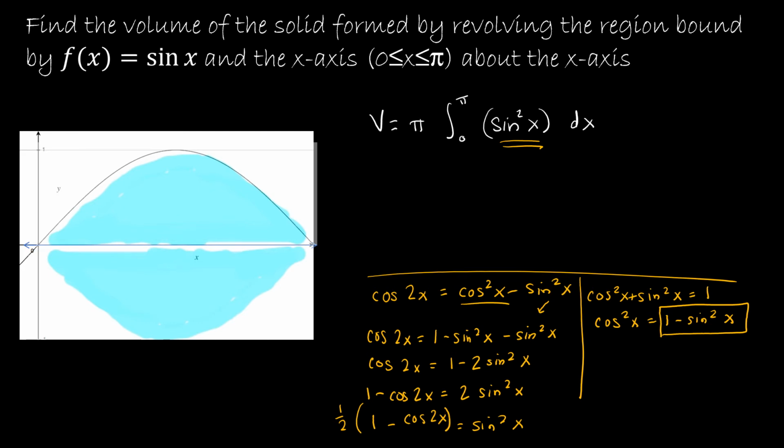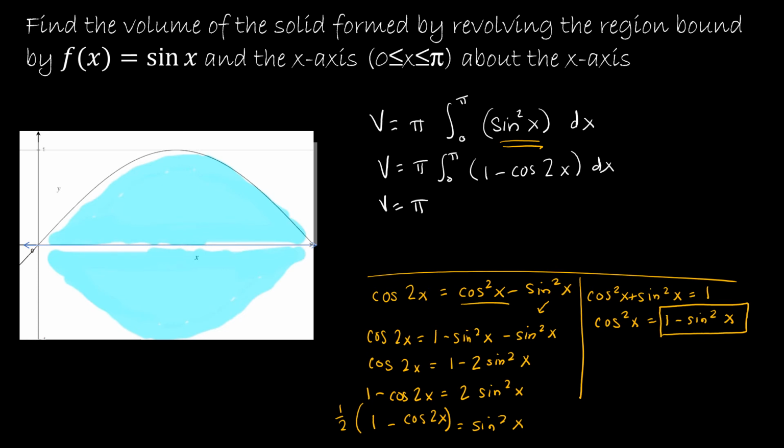So what I'm going to do up here is now I'm going to replace sine squared x with 1 minus cosine of 2x. So why did I do all of that? Because it's really difficult to integrate sine squared x. That's why we had to do all of this, so that we can integrate something that we can actually do.